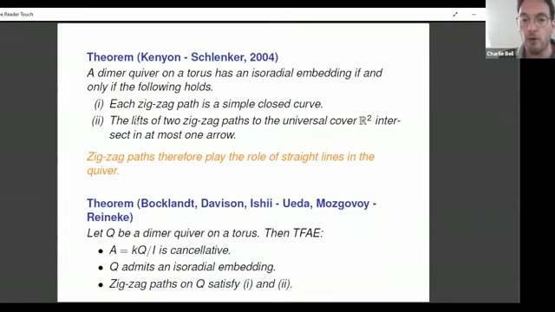So there was a lot of activity to show these equivalent conditions for cancellativity and isoradial embeddings. They went by other names too in the literature, like rhombic tilings and things like this, but they all come down to the same thing. It's just another way of stating these same things.